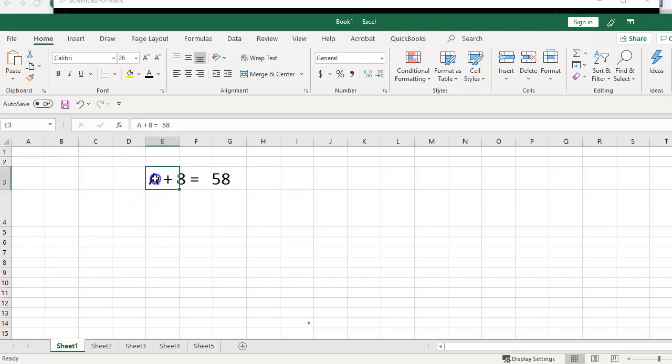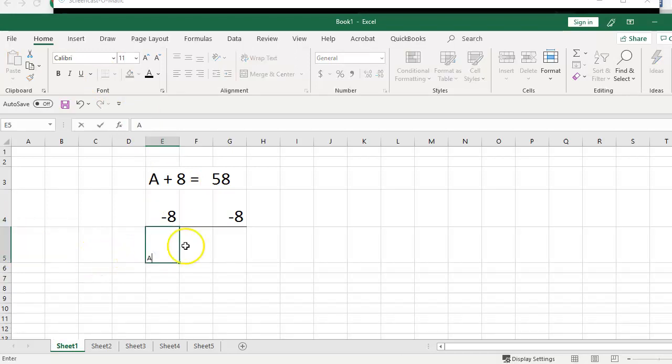In order to solve this equation, we want to isolate the A, get it by itself, meaning that we're going to subtract 8 from both sides. I'll make that bigger. In order to isolate the A and get the A by itself. So now if we subtract the 8 from both sides, what we have left is A, which is the current age, equals 58 minus 8, which is 50.